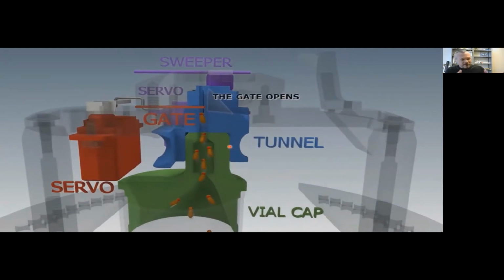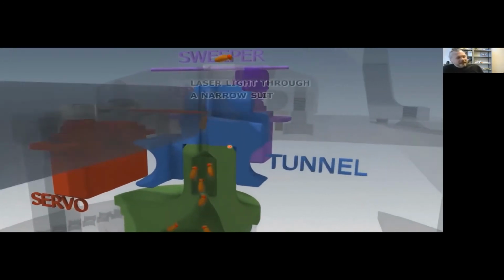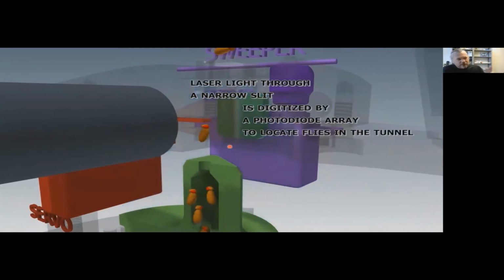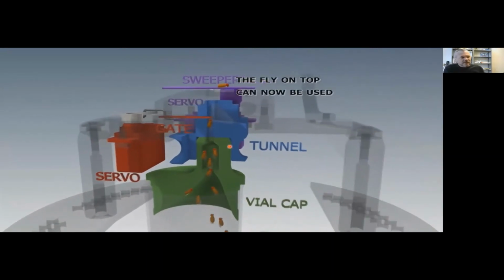A vial of flies is placed in a position that allowed the flies to walk upward onto a viewing platform, and a laser shines through the tunnel to sort of convert the image of the flies into a one-dimensional image.